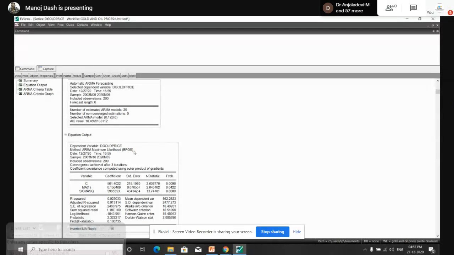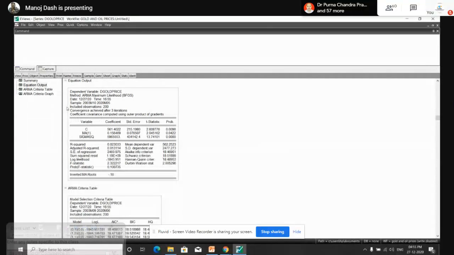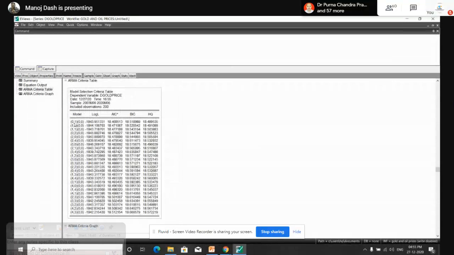YT is equal to 561 plus 4022 plus 0.15646 into MA. MA means only one term. Clear? Then the equation output. They have estimated a number of ARIMA models, but the first one is better because the AIC value compared to the other one is lower. Clear?